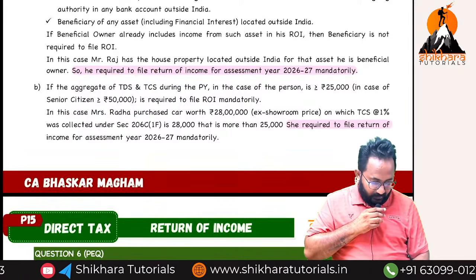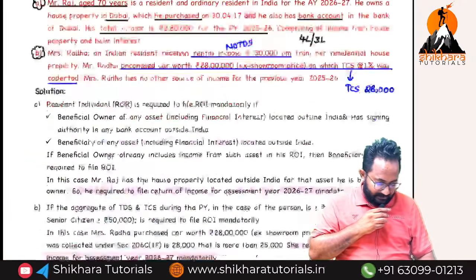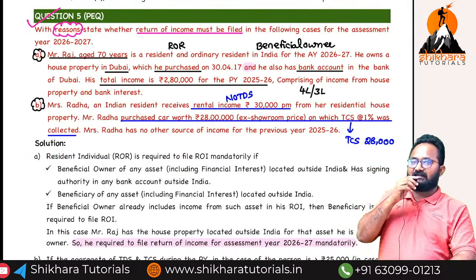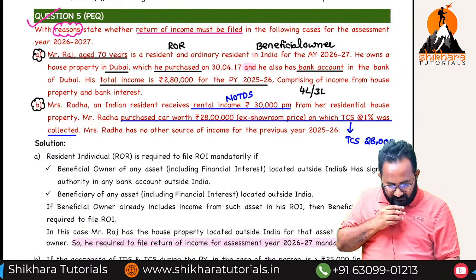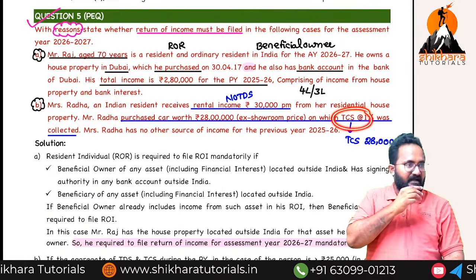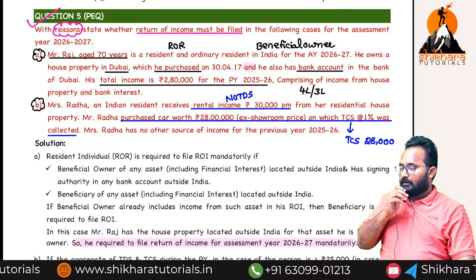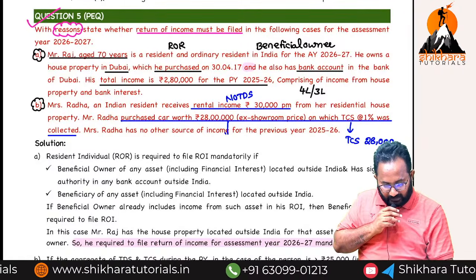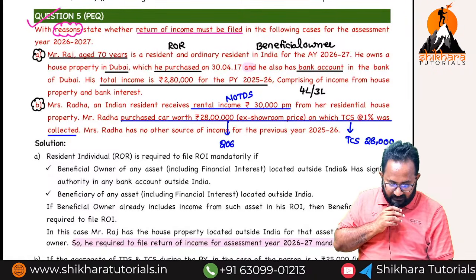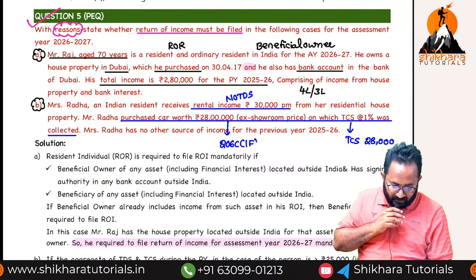Sir, I don't know, but while setting the question paper they made everything easy. In this question they mention the TCS rate, but you should learn this TCS rate. For TCS, I will show you section 206C subsection 1F.